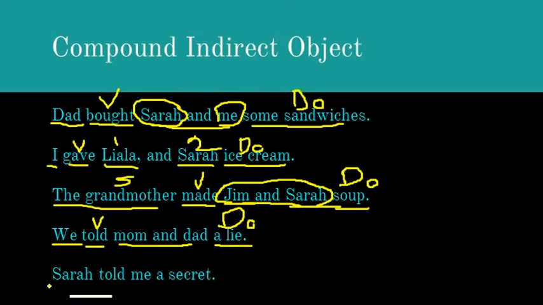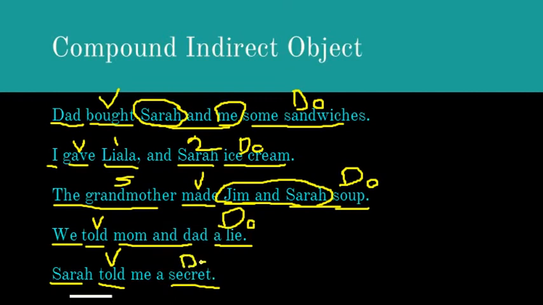Last example. This example shows pronoun as indirect object. Sarah told me a secret. In this sentence, Sarah is subject. So we have to find action verb. Told is action verb. Told what? A secret. So a secret is direct object.